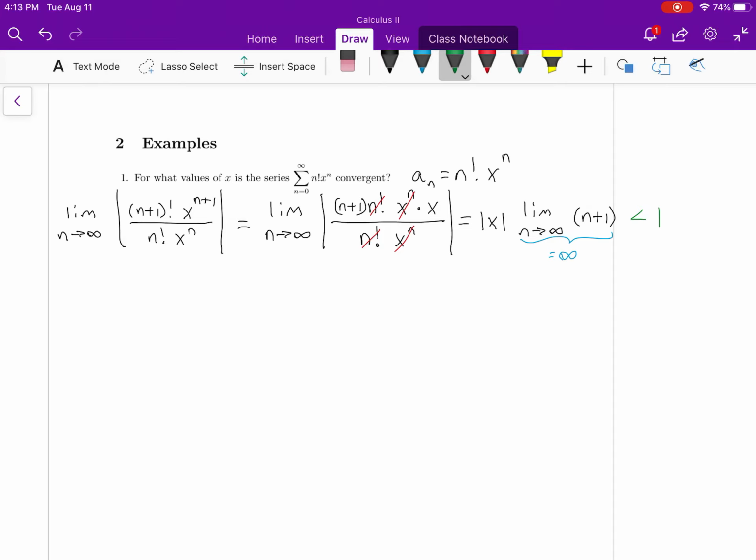And that is when x is 0. Otherwise, it is going to be divergent.